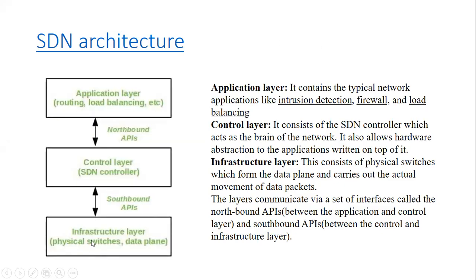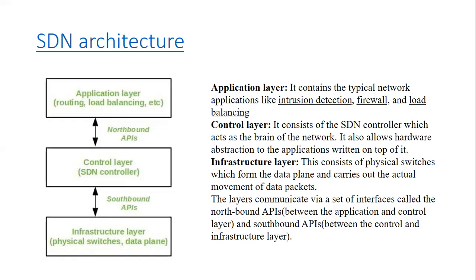It has three layers: infrastructure layer, control layer, and application layer. The infrastructure layer includes different switches and physical devices, which is the data plane we have discussed. Next there is the control layer.